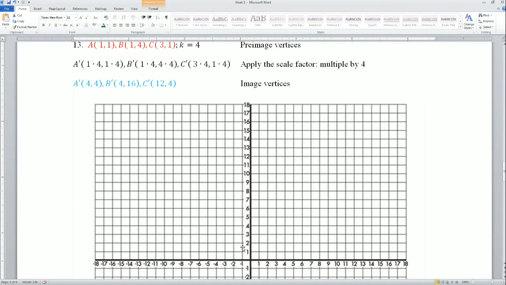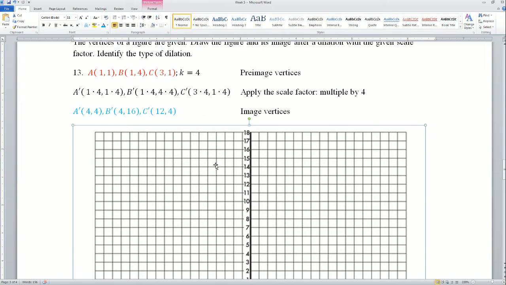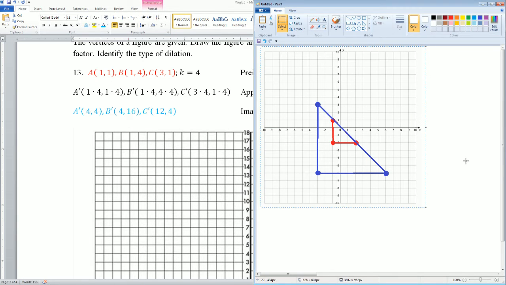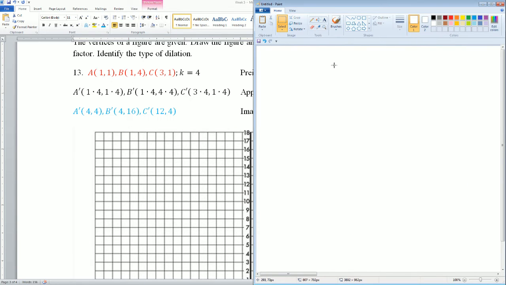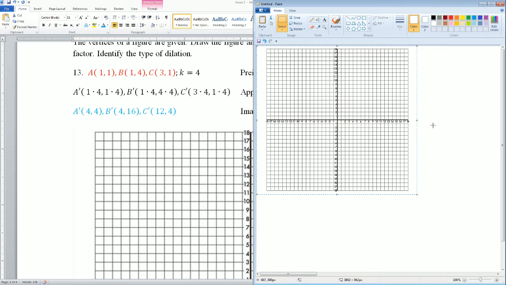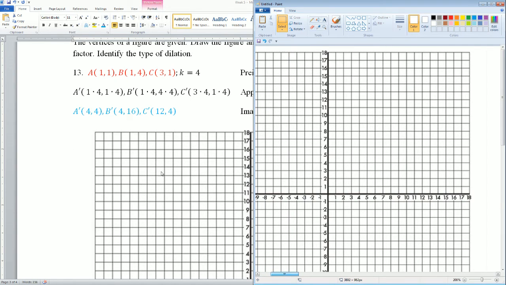This one goes up to 16, so I had to grab a larger coordinate grid. The first one, 1, comma 1. Let's do the pre-image first. So 1, comma 1 here.